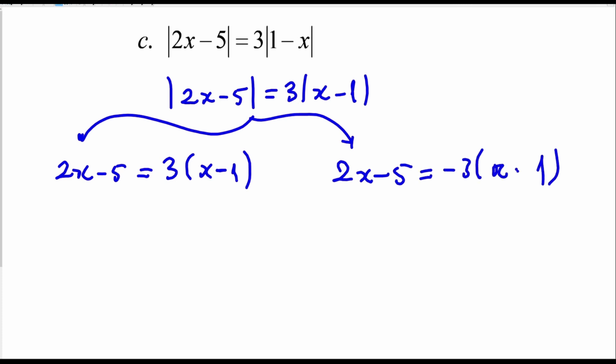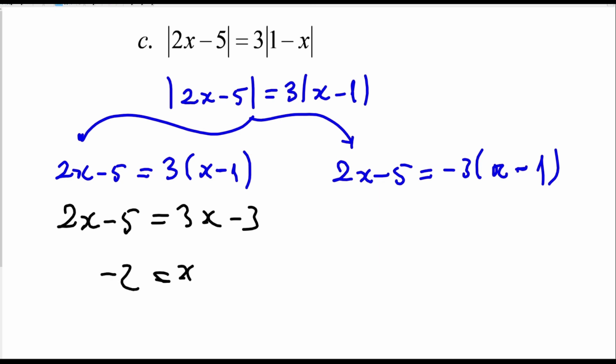Got it, dear students? You can solve this equation. It should be so easy for you. You became 12th grade. 2x - 5, 3x - 3. Here I'm moving this, -2x. Got it?